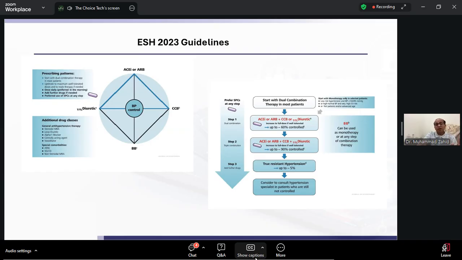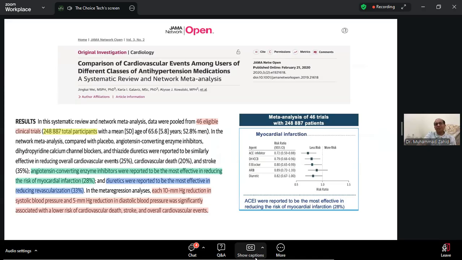So ACE inhibitors and ARBs, from the antihypertensive point of view, are almost equal. But if we look beyond the antihypertensive effect, this is one study published in JAMA in 2020. It was a meta-analysis, and they combined 46 eligible clinical trials, which led to about 250,000 total participants.